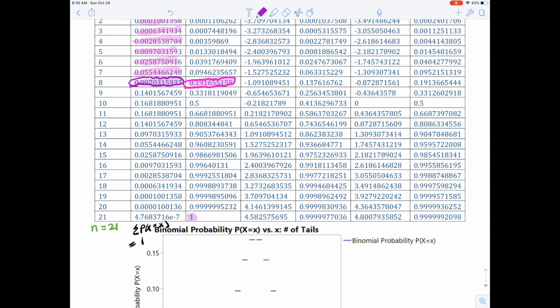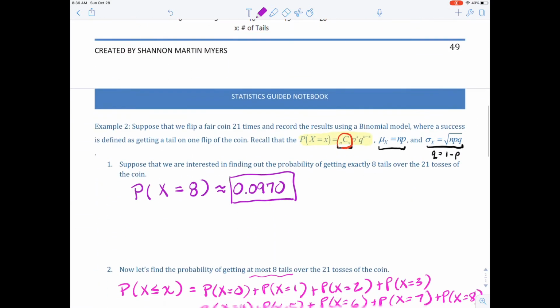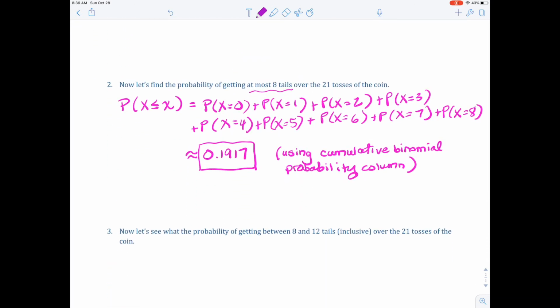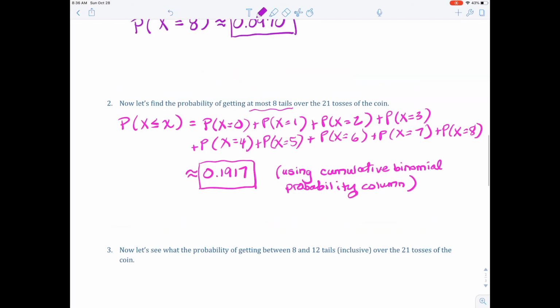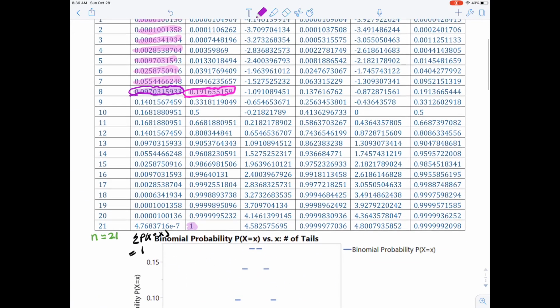Now our next task is to find the probability of getting between 8 and 12 tails, inclusive, over the 21 tosses of the coin. So again, let's use the cumulative binomial column, okay? And remember, this column is specific.